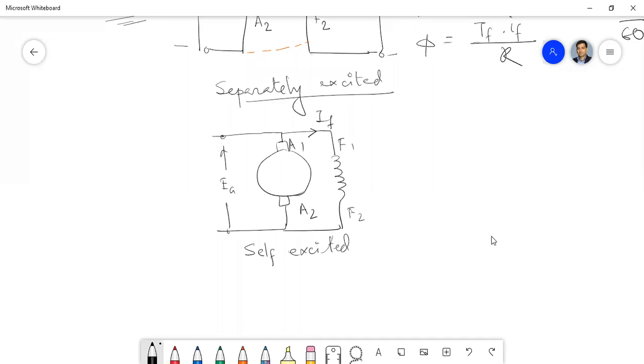From the next class, we'll start with the other parts of the construction, like armature winding, commutation, armature reaction, etc. For each topic we need 2 to 3 hours. So therefore I am just discussing these basic things for you.